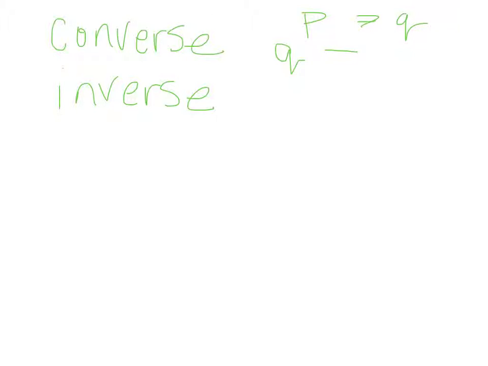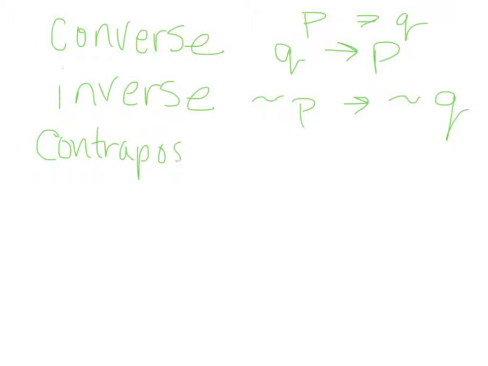The inverse is if not P, then not Q. Make sure you don't do the inverse of the converse, which is called the contrapositive. That's why I write the original statement out. The contrapositive is if not Q, then not P.